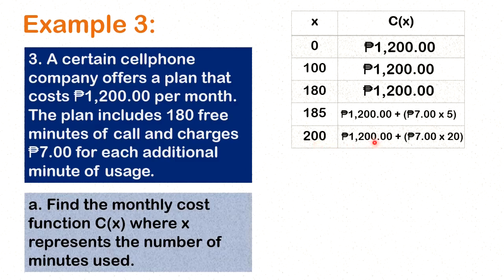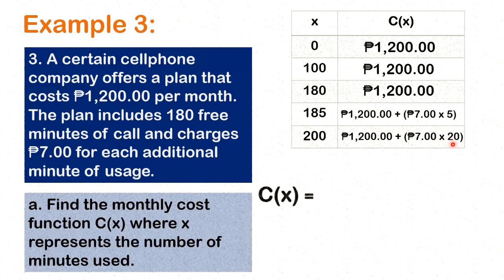Eto. Yeah? The fixed 1,200 pesos plus 7 piso kada minuto na lumagpas sa 180. Okay? E 200 to. So, ilan ang lumagpas? Ilang minuto ang lumagpas sa 180 minutes? 20. Alright? So, nakikita nyo na ba somehow ang itsura ng ating cost function?